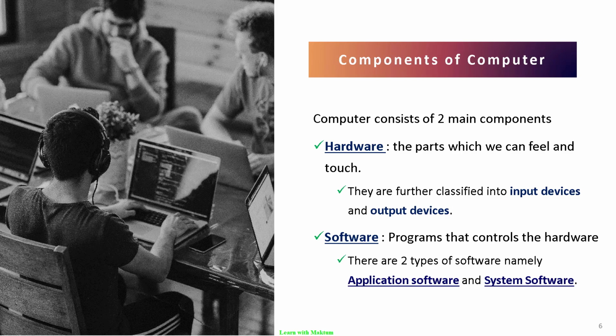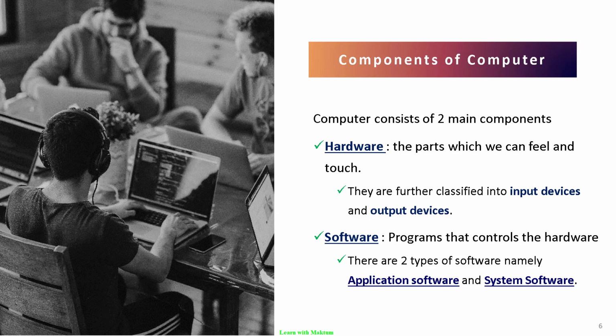Yes, moving on to the software. Software is nothing but a set of programs. These are the programs which instruct the hardware and guide the hardware to work. These are the programs that control the hardware. There are two types of software, namely application software and system software. We are going to discuss them in detail in later videos.